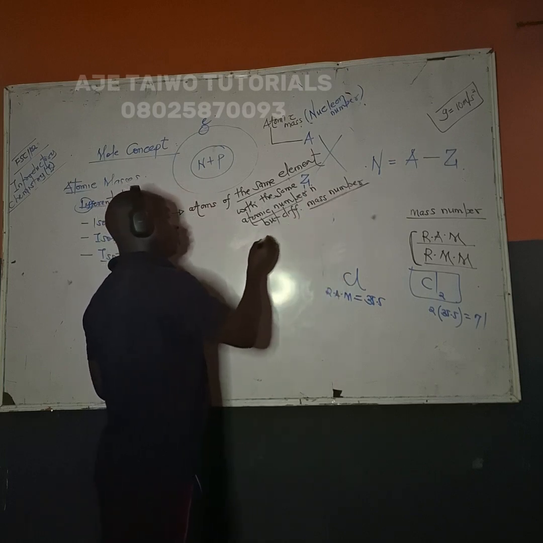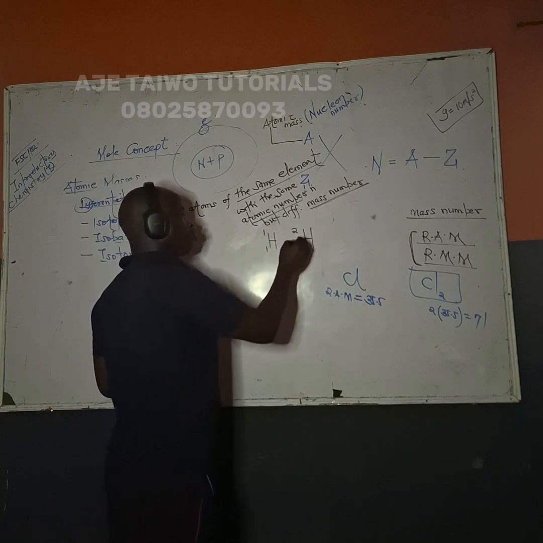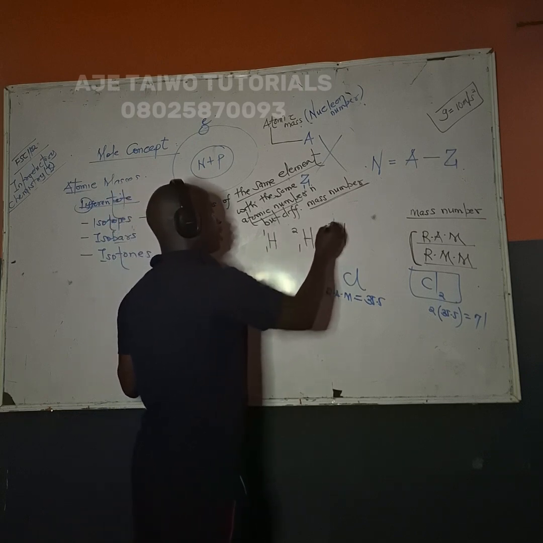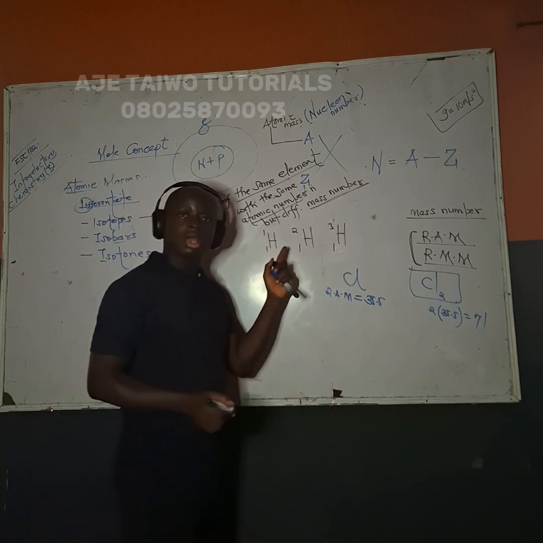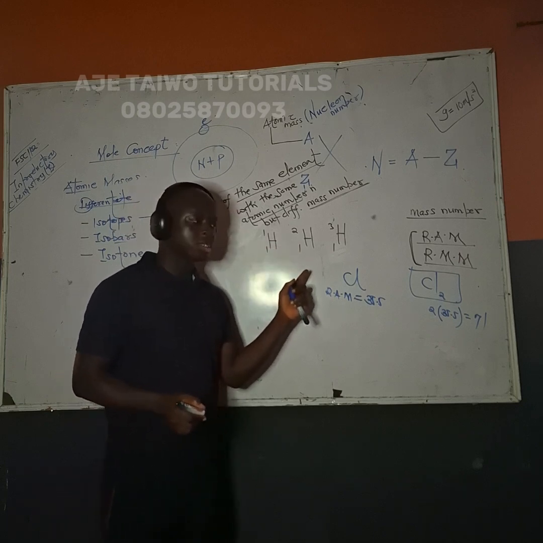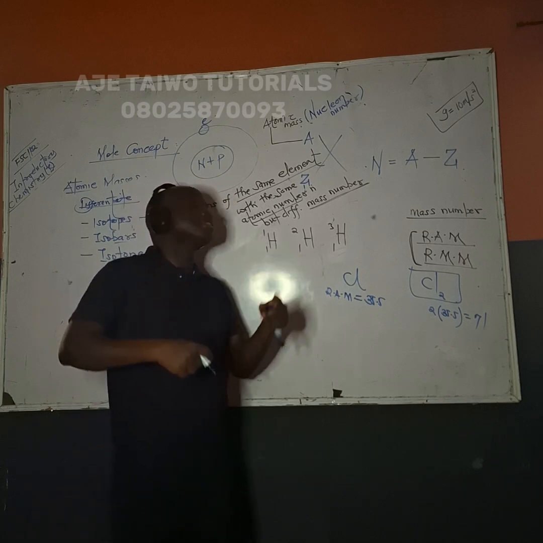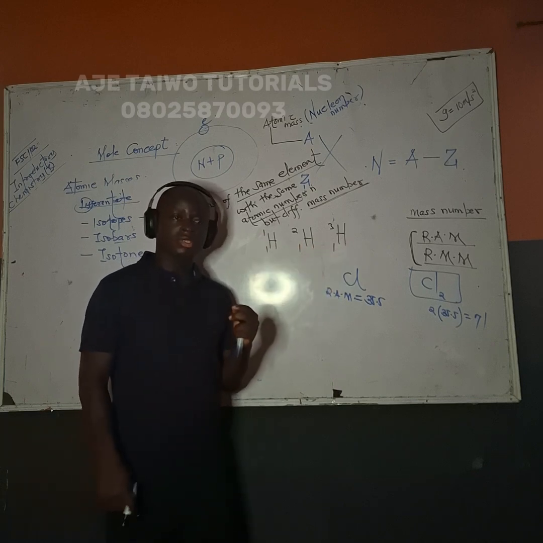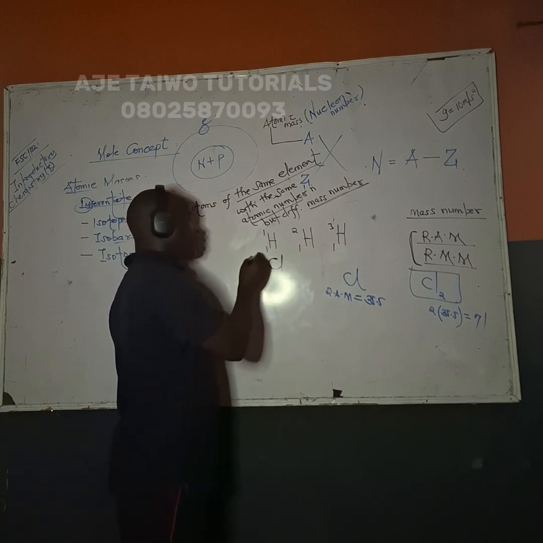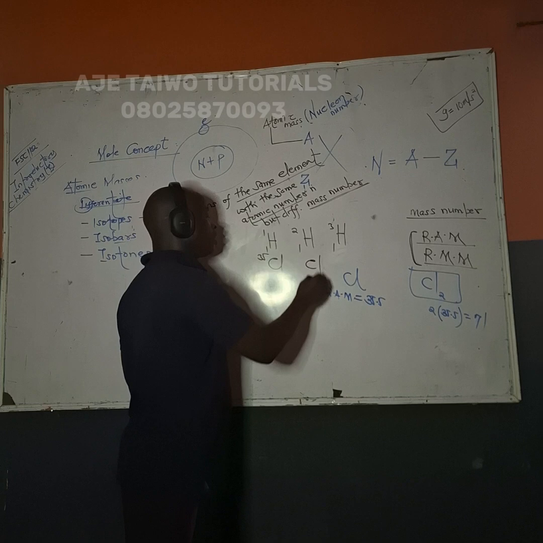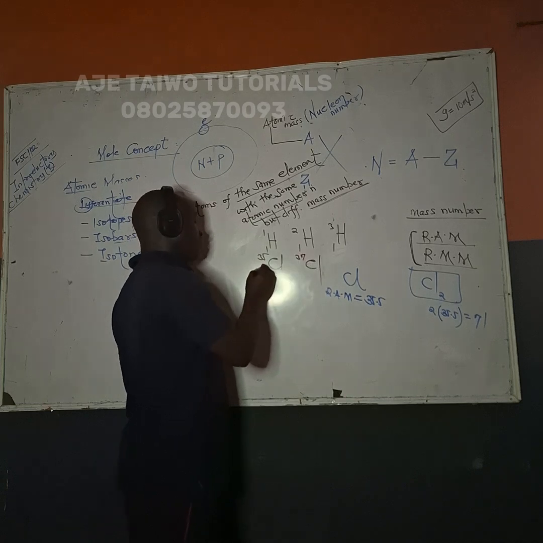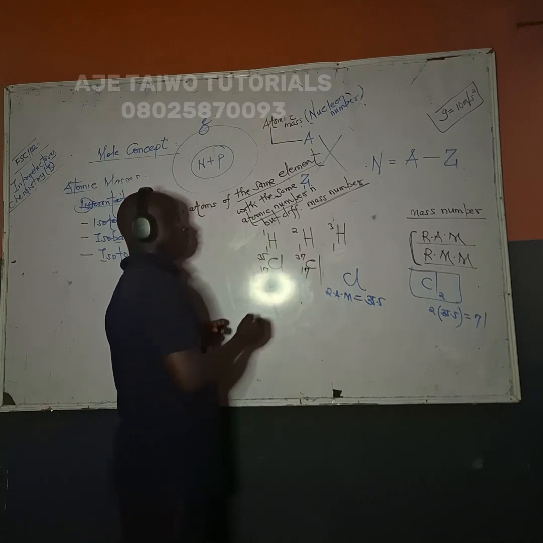What does that mean? Hydrogen 1, hydrogen 2, hydrogen 3. They are all atoms of the same element, hydrogen. Chlorine 35, chlorine 37, 17.